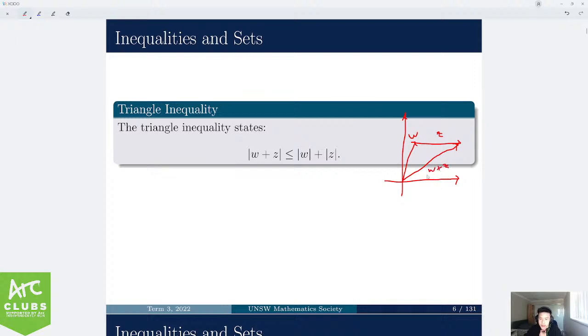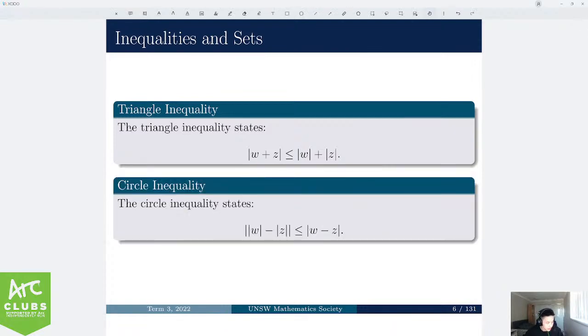If we want to look at the lengths of the complex numbers, we just take the modulus. And we know that the sum of two sides of a triangle is bigger than or equal to the length of the third, and hence that's where we get this triangle inequality from.